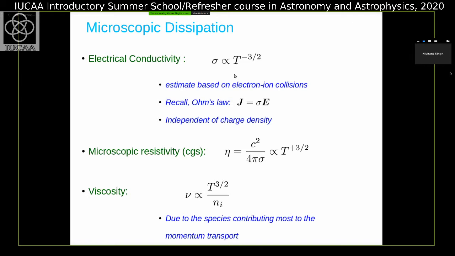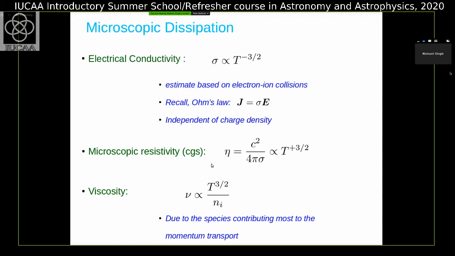After all, even in those media, these microscopic transport coefficients, that's another name for, say, conductivity, resistivity, viscosity. You can put them all in one word, microscopic transport coefficients. And they lead to dissipation, like the resistivity and viscosity.